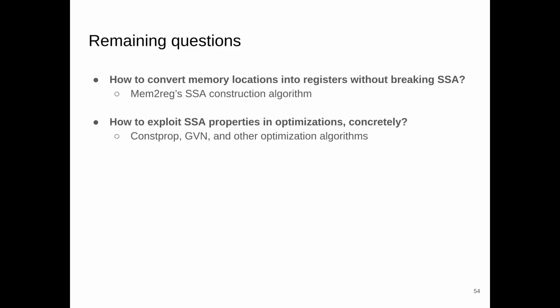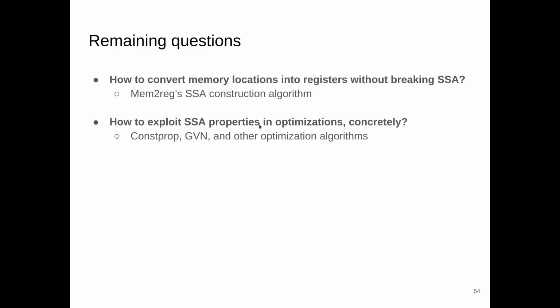For example, how not to break SSA when you convert memory locations into registers in mem-to-reg optimization. So it is fundamentally related to the SSA construction algorithm, which is inserting finals to make sure a program satisfies SSA. We are going to discuss this algorithm in a later part of this course.